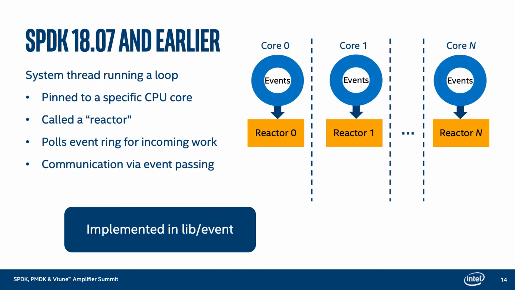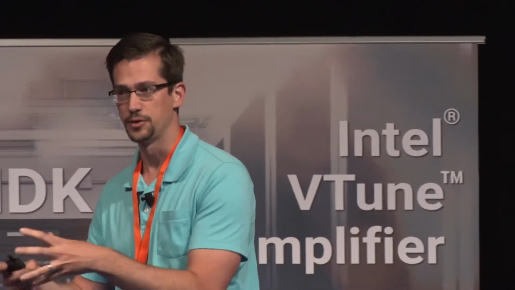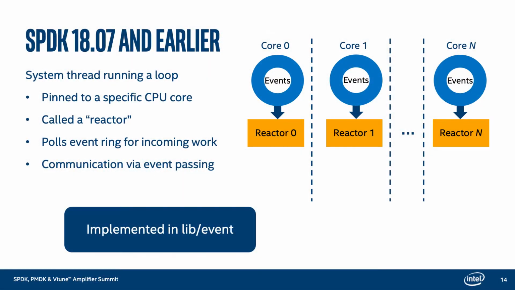And it would just find the next entry in the ring when it gets placed there, call the function, and pass in the context. And so we call that busy loop a reactor. And the messages that are coming in, the function pointer and the context, we would call events.